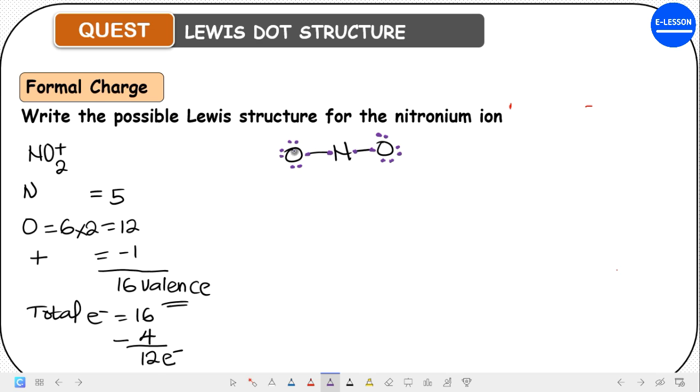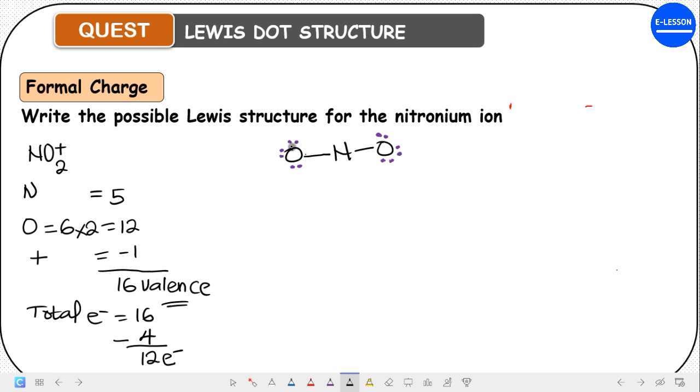Now, how many electrons did the terminal atoms take to complete the octet, apart from the ones in the bonds that we already added here? We already subtracted this 4 from the number of electrons before. So how many electrons did we use to complete the octet?